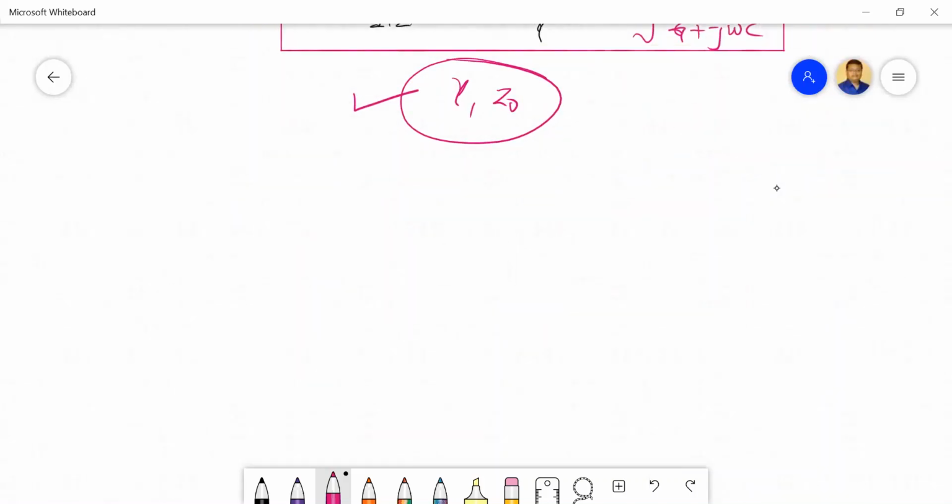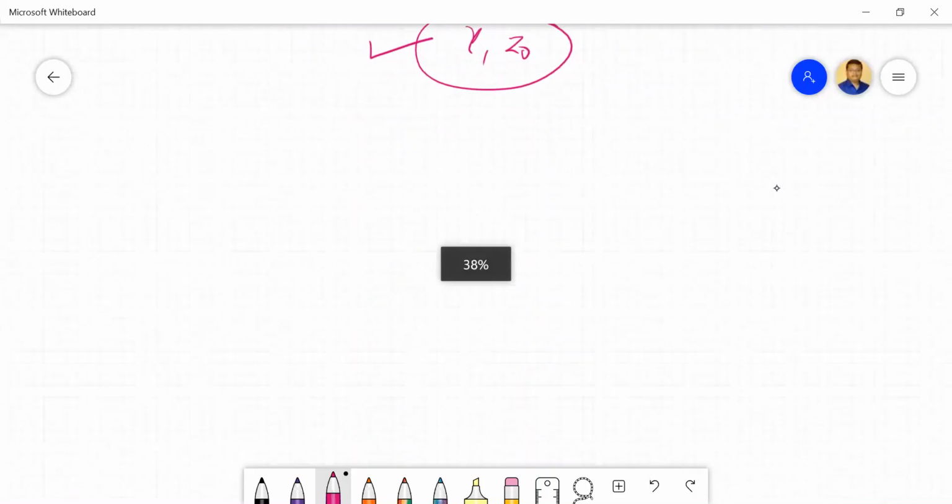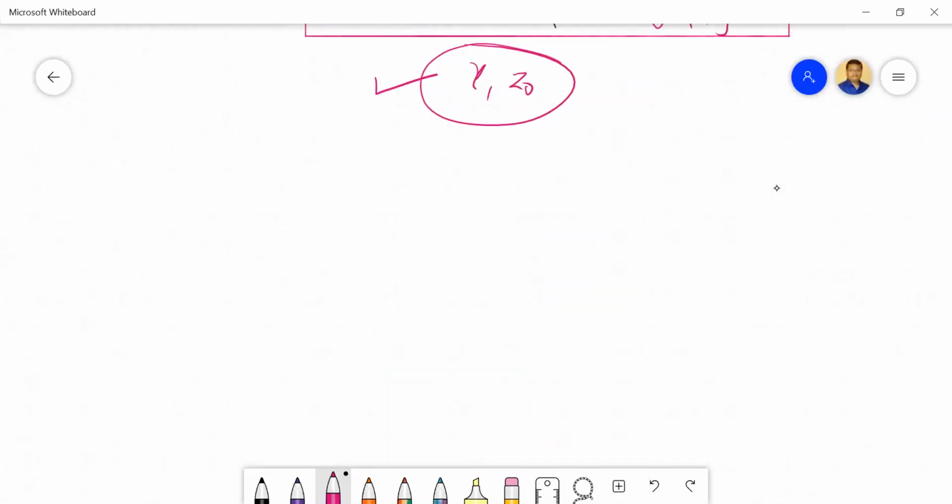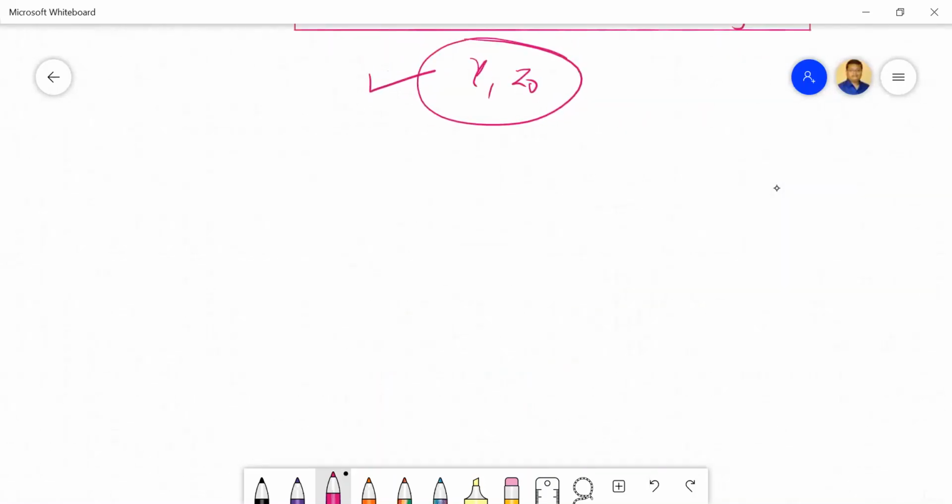Now, let us discuss some of the special cases. So far we talked about the wave equations, which are second order differential equations. We solve them and try to find the solutions. That means we guess the solution as per our requirement, and then we fix the characteristic impedance.